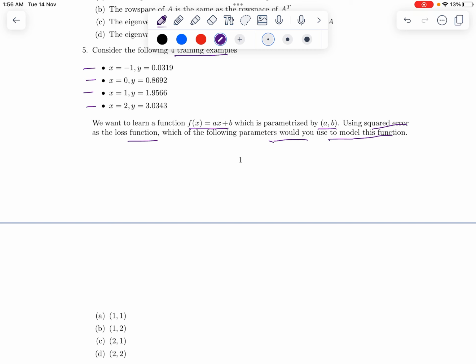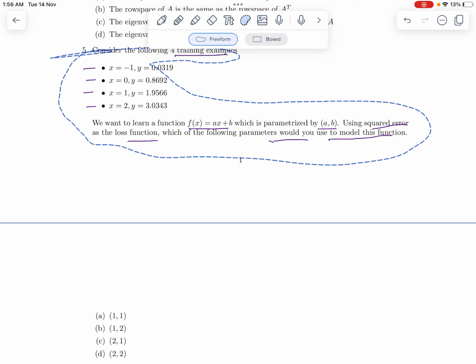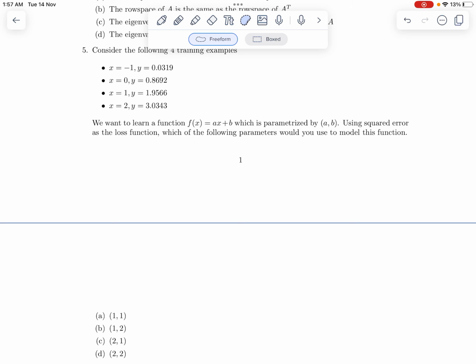You can use that, but I am not going to use that. But let me just give you an idea of how you can use the squared error method to solve this question. First of all, you will have to find the error squared for each training example. So summation from i = 1 to how many training examples you have, that is 4, right? 1, 2, 3 and 4.